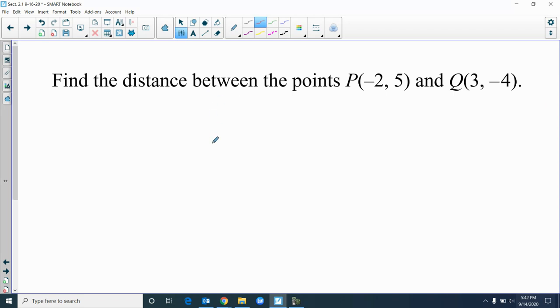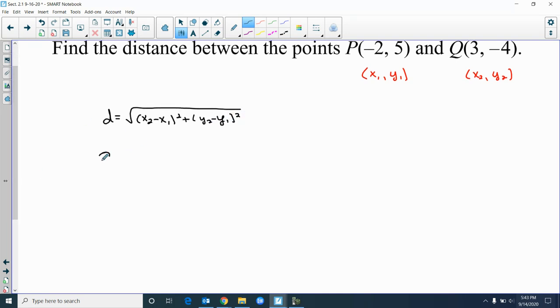So to find the distance between the points P, (-2, 5), and Q, (3, -4), we'll label this x1, y1. We'll label this one x2, y2. And distance equals the square root of x2 minus x1 quantity squared plus y2 minus y1 quantity squared. X2 being 3.